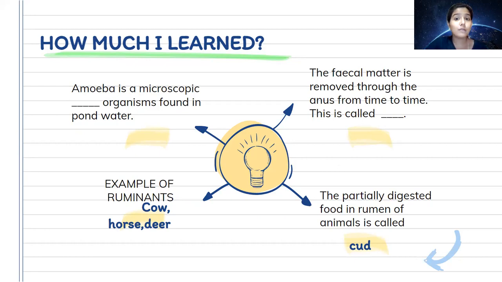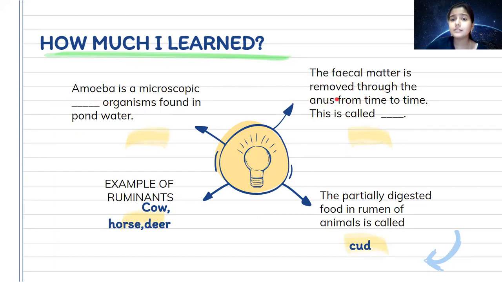So let's see how much I have learned from the class. I have some small definitions, and I want you to give the answers. Amoeba is a microscopic dash organism found in pond water. Can you tell me what kind of organism it is? Yes, it's a unicellular organism, right?